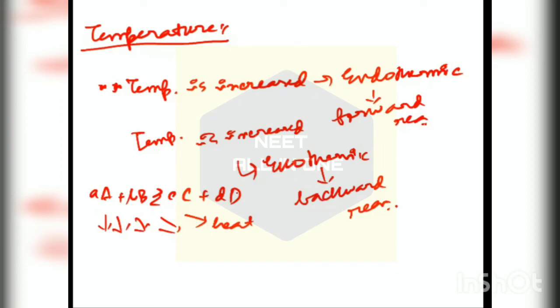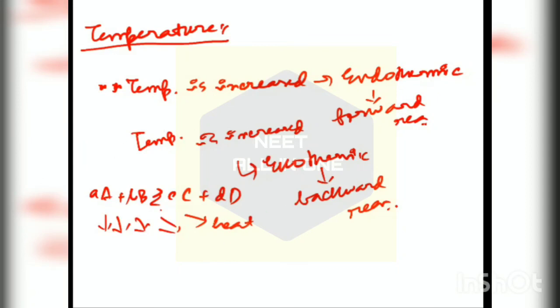So the forward reaction gets hindered, and if the forward reaction gets hindered, then the backward reaction comes into play. That's why in an exothermic reaction, if we increase the temperature, it will go backward reaction.